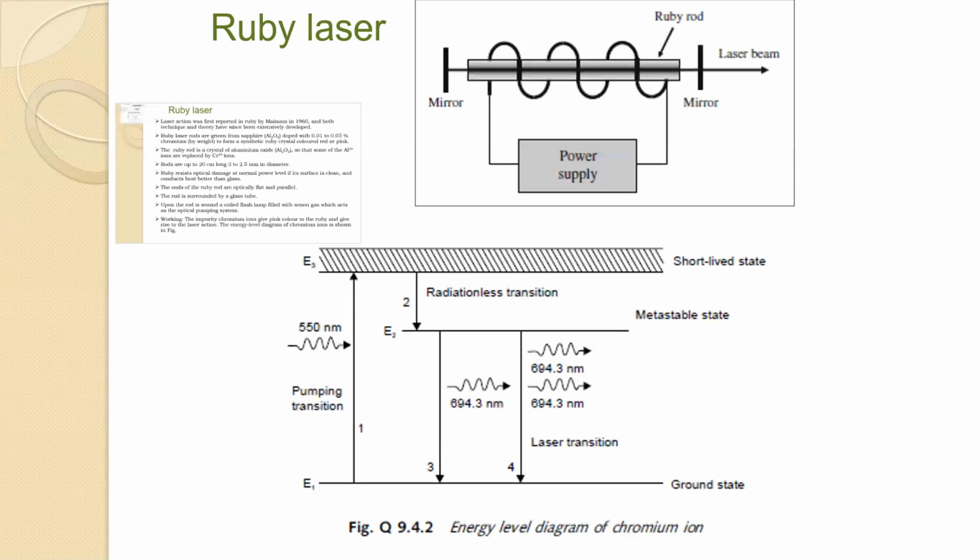Here, when looking at the energy level diagram, this is E1, this is E2, and this is E3. First we discuss the operation of this laser.